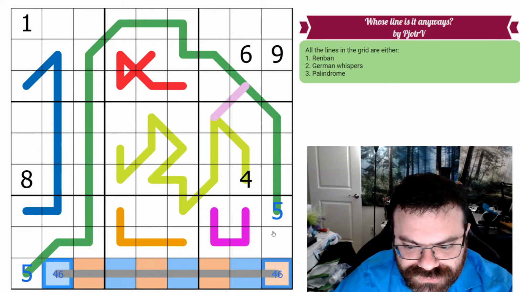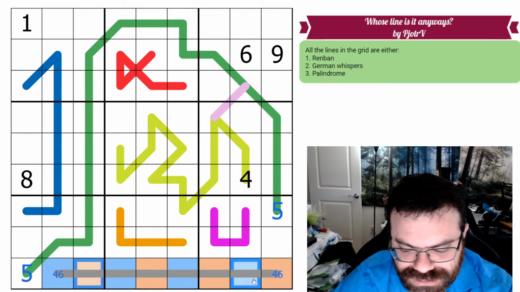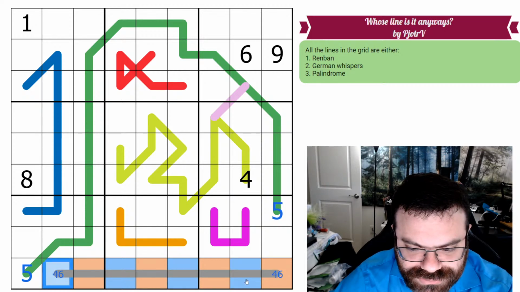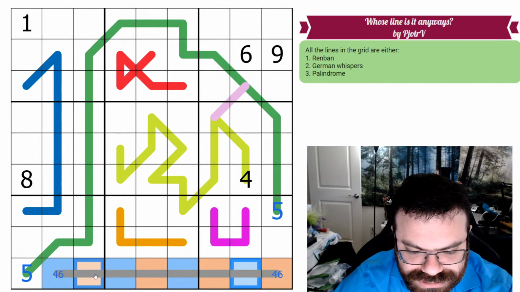So yeah, this is 4, 6. 4 has to go to 9, 6 has to go to 1.